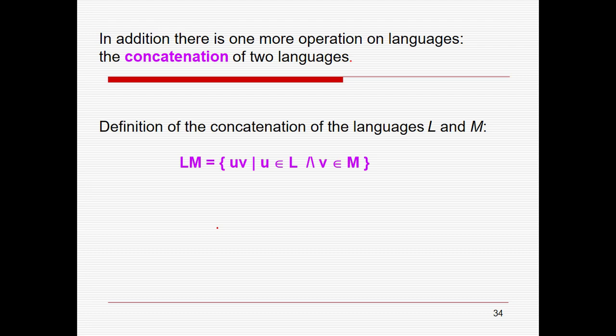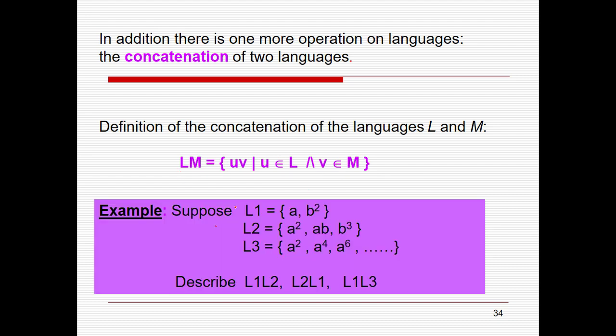So if we look at a concatenation, then LM is a concatenation of two sets where we have a concatenation of two words, the first one coming from the first set, so from L, and the second one coming from the second set, so from M.